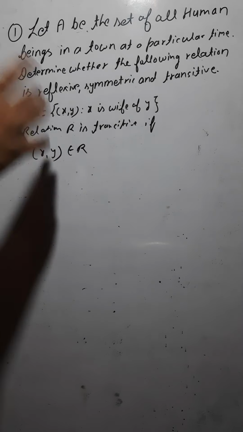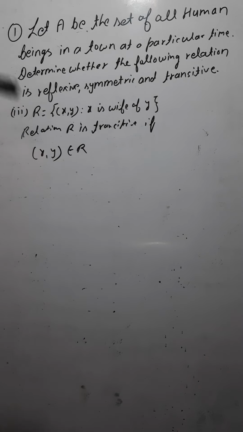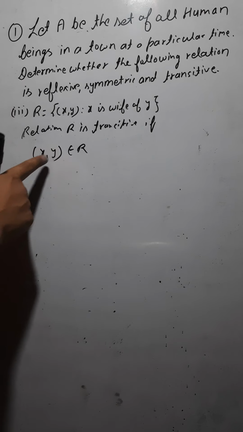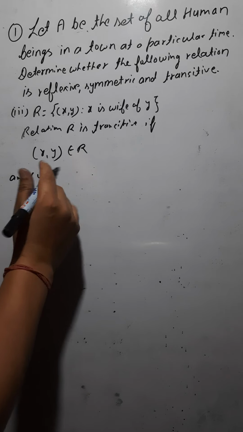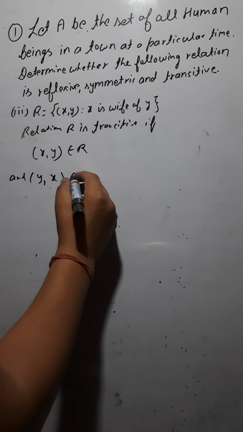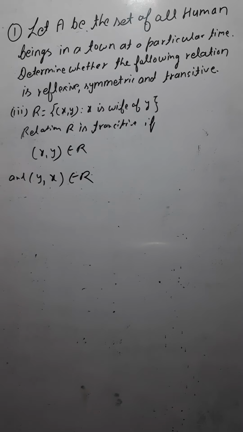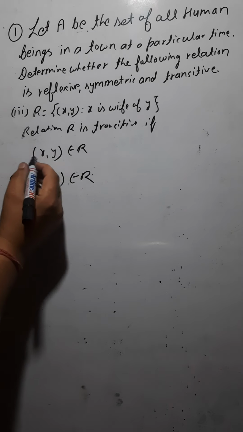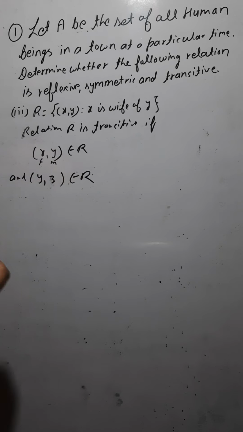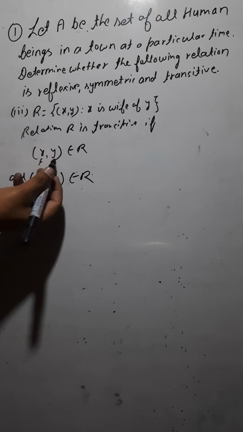So this ordered pair can exist in R. Now we take another, (y, z), taking the third element. Just imagine, x is female, y is male. So the first one is the wife of the second one.